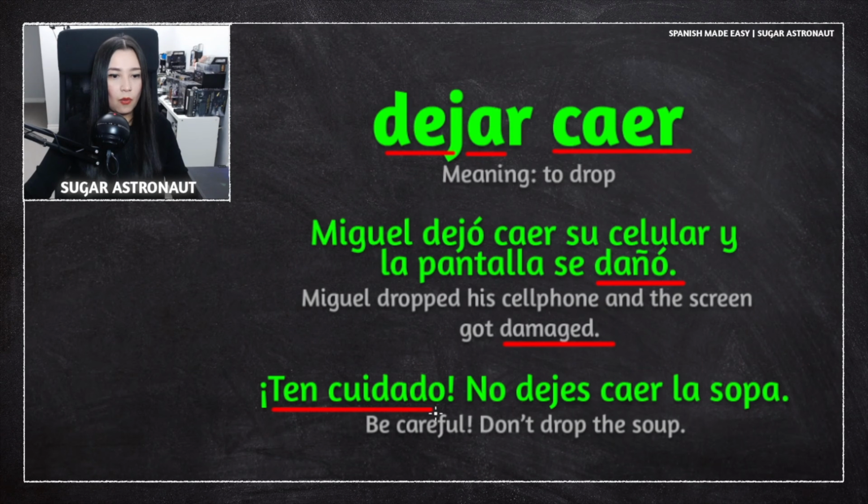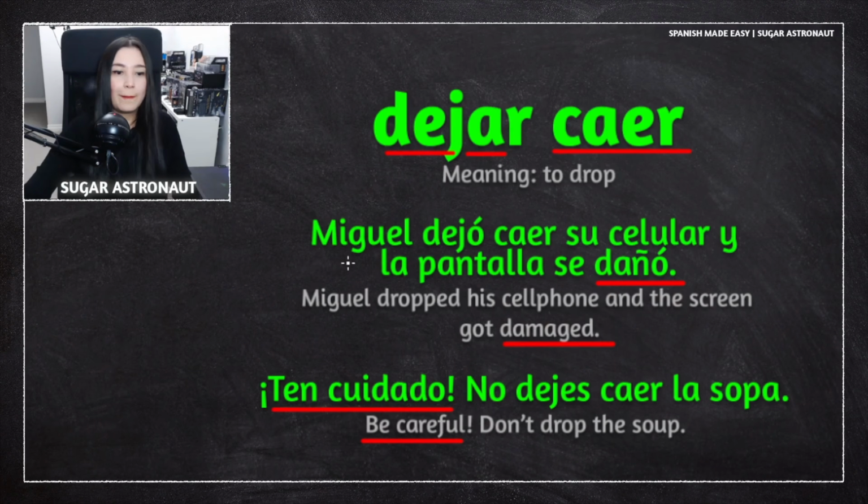That's a great phrase that means be careful. You can use this by itself just to say be careful. It doesn't matter if we're talking about hot soup or anything. If you're in a dangerous situation or someone can be in a dangerous situation, you can say ten cuidado.